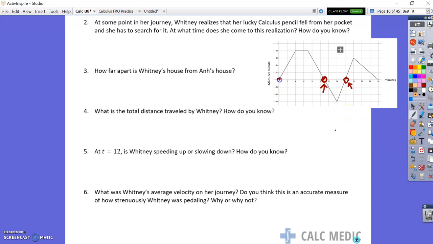We also know her velocity is 0 when she starts and 0 when she finishes. Both of those make sense. But so we're just looking at the zeros. And I'm going to say at 11 minutes, velocity is 0. And it changes from positive to negative.